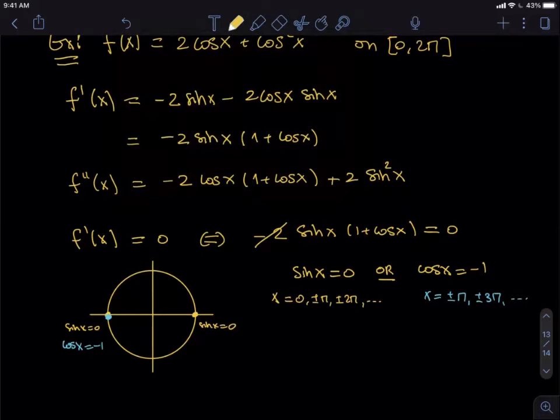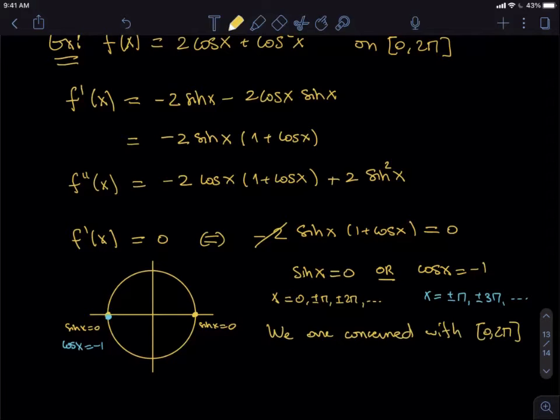And also we need to keep in mind that we are concerned with the interval 0 to 2 pi. Okay, you see what I meant with the periodicity? So we are going to have infinitely many critical numbers that repeat periodically.